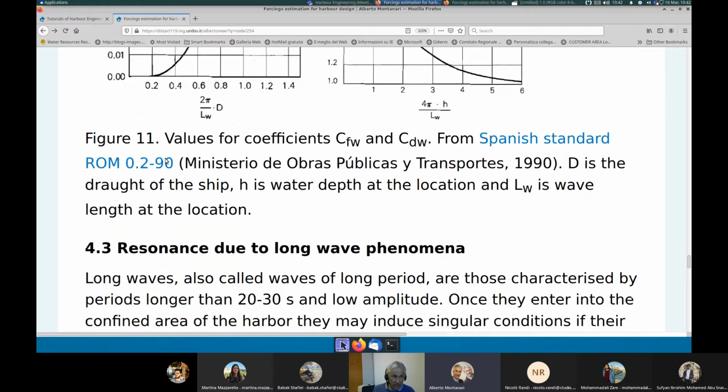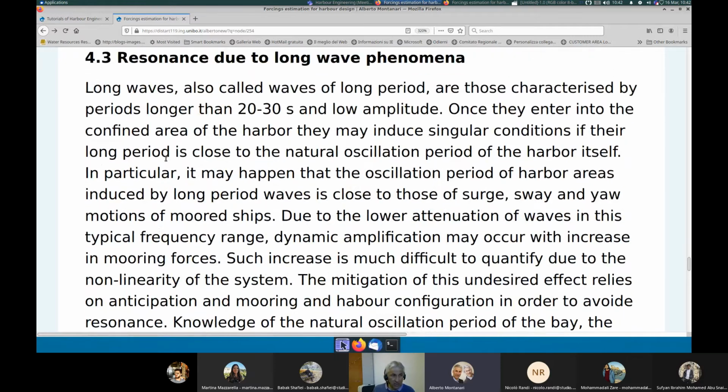So let's discuss a little bit more what resonance is, because resonance is extremely dangerous. It has caused the unmooring, the breaking of the mooring lines of ships, even large ships, in particular conditions. So it's something that we have to take into account.